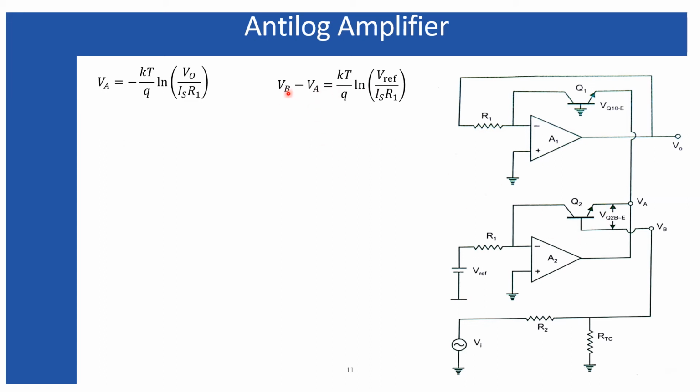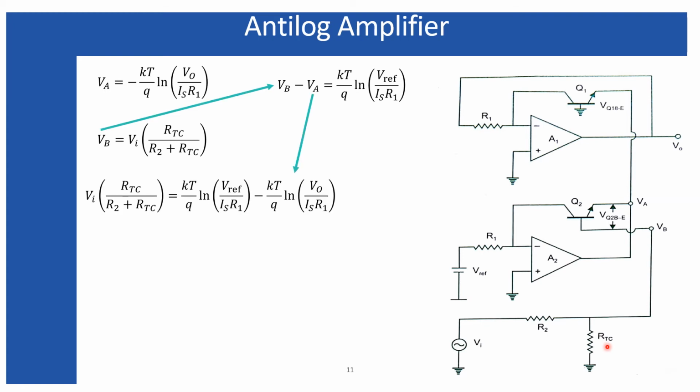And Vb, as I already told, is a fraction of the input voltage that is appearing across the RTC. Now the next part is just replacing Vb and Va from here. Replacing this Vb and Va, I obtain this expression.